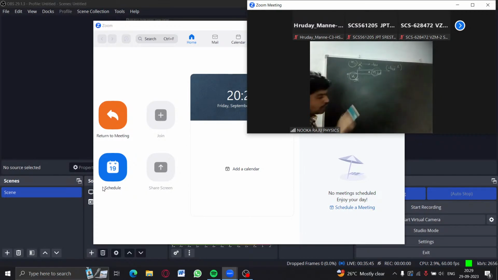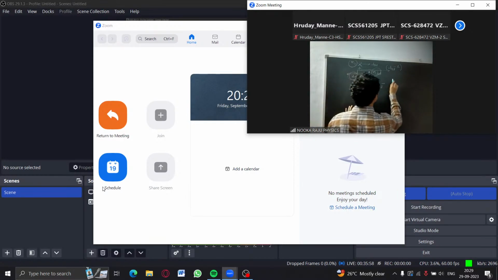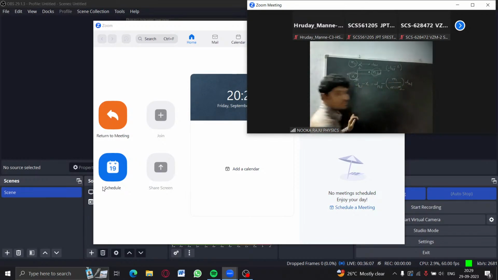Now simply, d relative minus x. Therefore d relative minus the x value, where x is nothing but m1 by m1 plus m2 into d relative. Now here take d relative common.